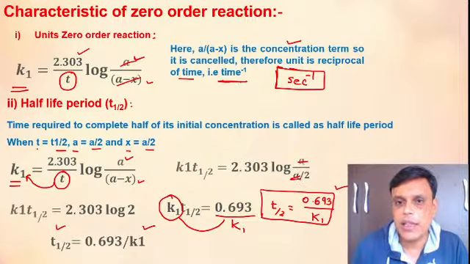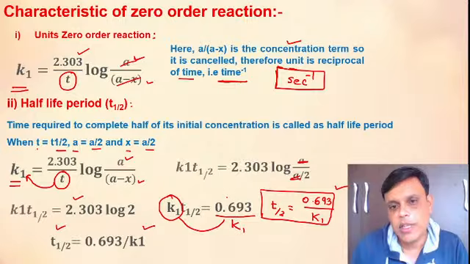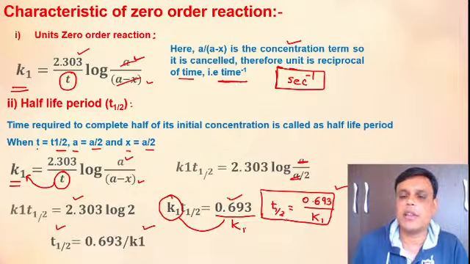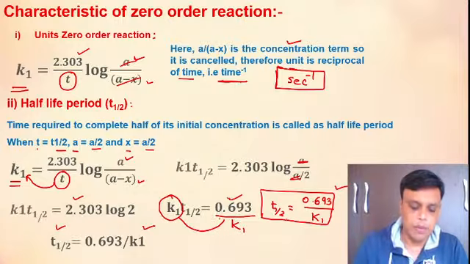So this a and this a will cancel. We will end up with 2.303 into log 2. Take the log 2 and multiply that value by 2.303. We will get 0.693. And if you rearrange for t half, you will get 0.693 divided by k1. This is your half life period.